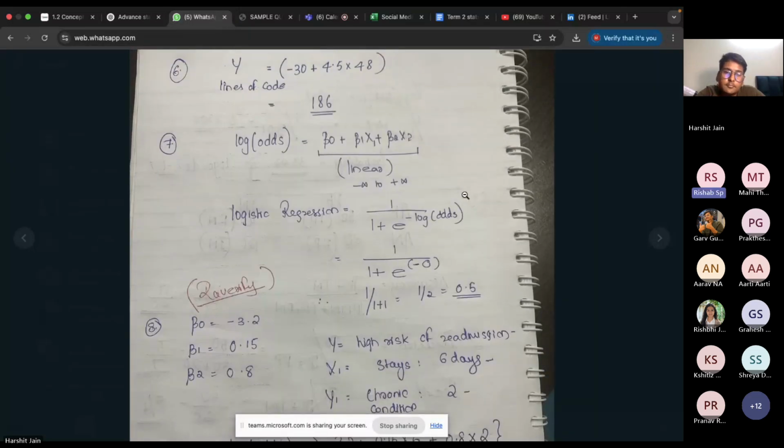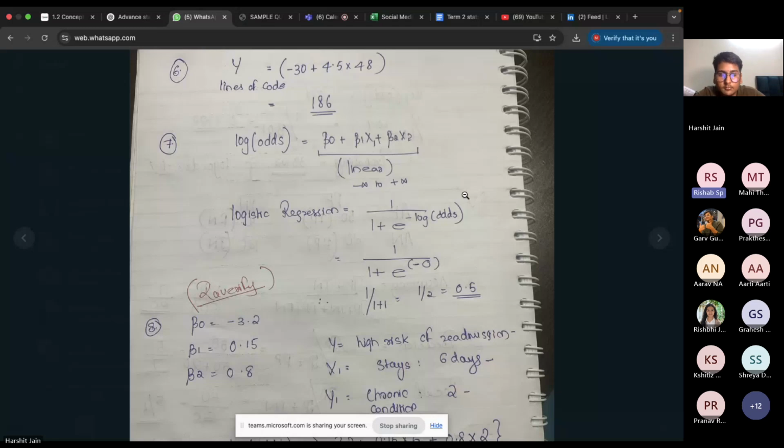So question 7, we have already discussed that log odds is equal to a linear equation. Like in linear regression, we have the limit from negative infinity to positive infinity, whereas in logistic regression, we find the probability, right? So we find log of odds. So I think the log of odds value is 0.